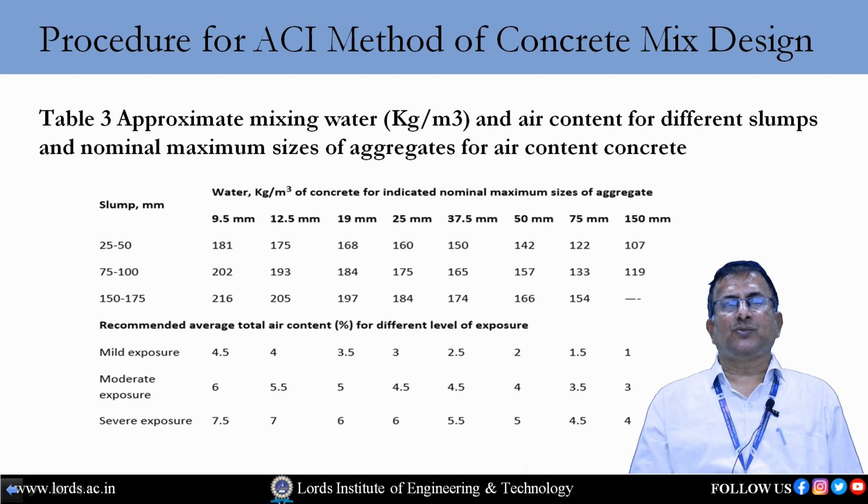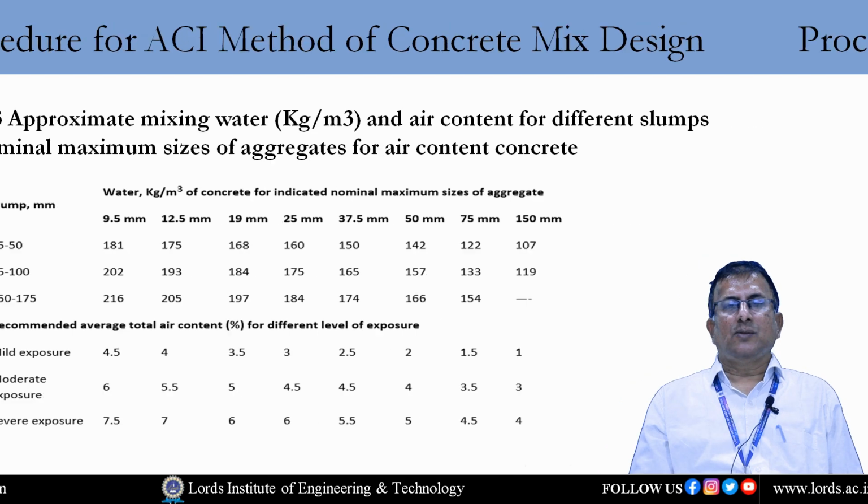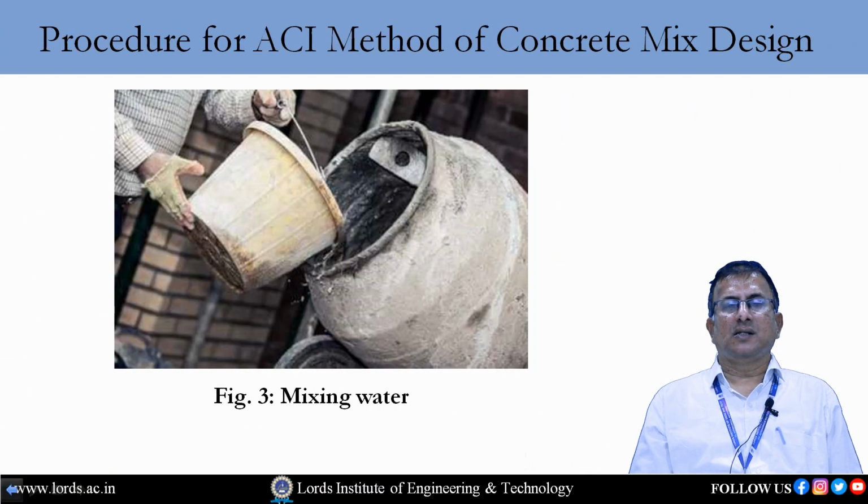If it is severe exposure and the size of the aggregate is 20 millimeters, the percentage of air content that we should consider is 6%. Now here, this is the process of mixing water at the site for making the concrete.